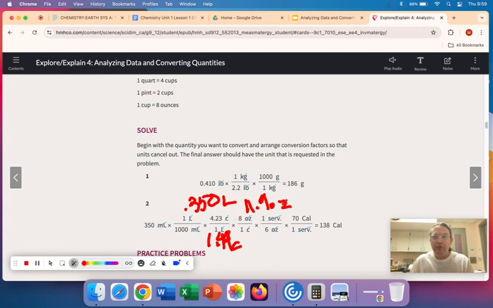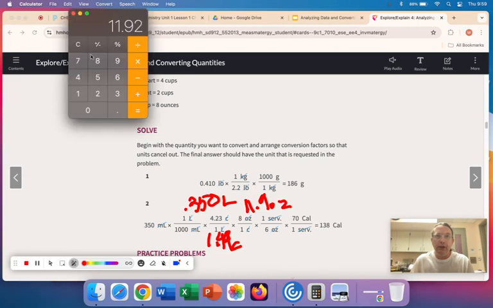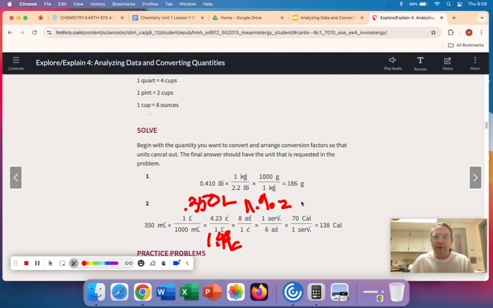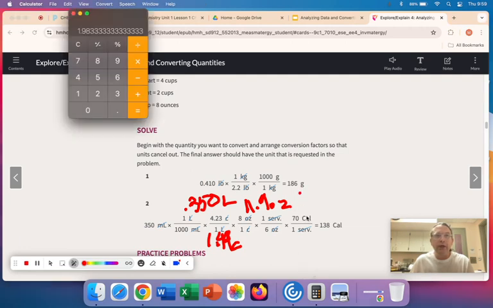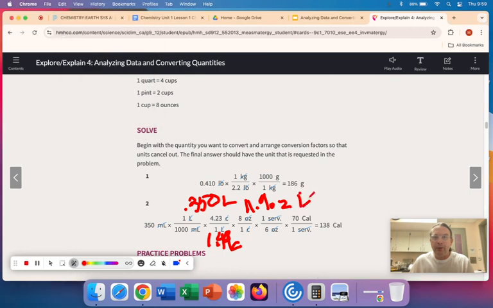So what portion of a serving do I have for 11.9 ounces? So 11.9 divided by 6. So that means I have about 1.98? So this will round up to approximately 2 servings. But I think we'll keep it at 1.98 for now. So that's how many servings I have.